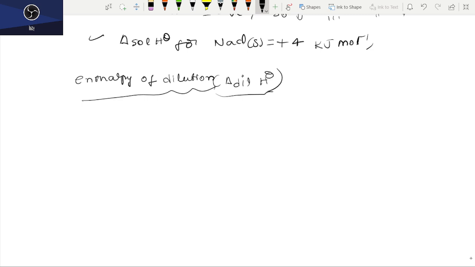Which gives rise to HCl with 10 water molecules. Now delta solution H power naught is equal to minus 69.01 kilojoules mole inverse.